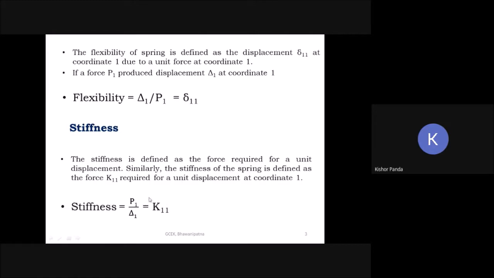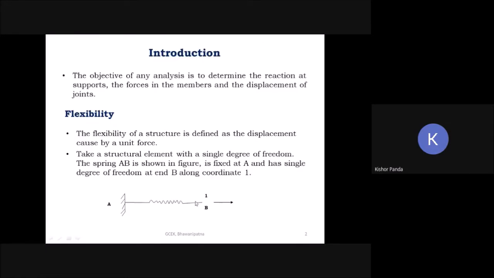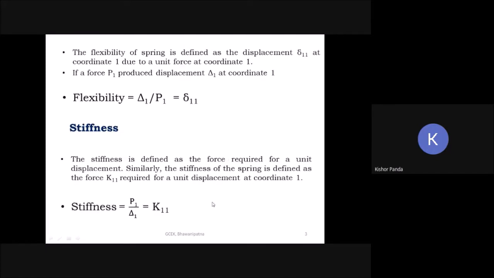When we apply the unit displacement at coordinate 1, the force required due to that unit displacement is called the stiffness. So P1 by delta 1 is equal to K11. You can denote the flexibility as delta 11, equal to delta 1 by P1, and the stiffness as K11, equal to P1 by delta 1.